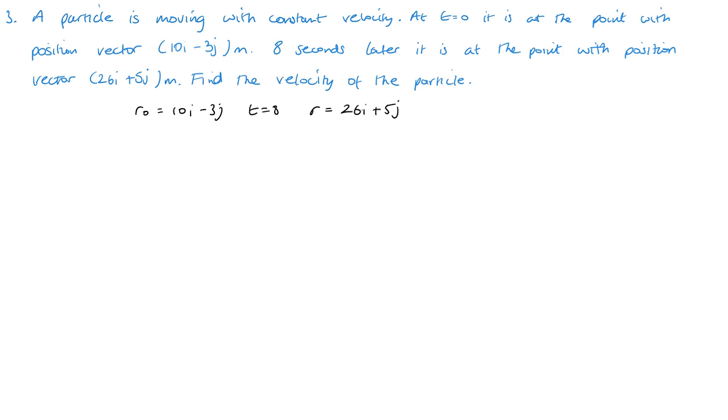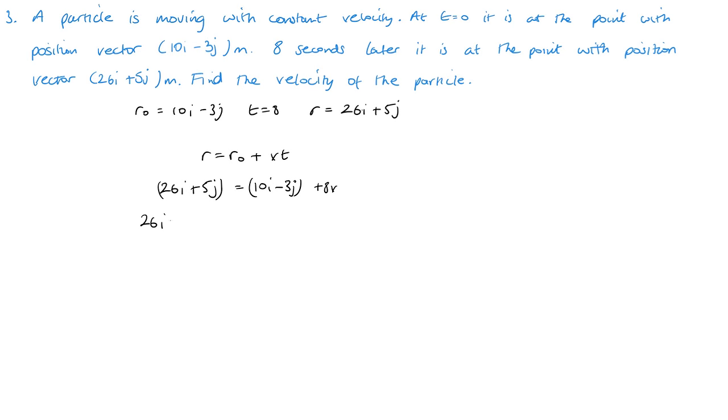And we need to find the velocity, so r equals r0 plus vt. So 26i plus 5j is equal to 10i minus 3j plus v, or 8v.